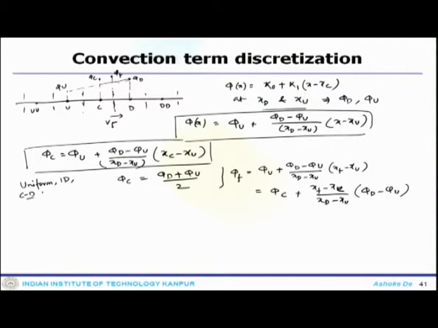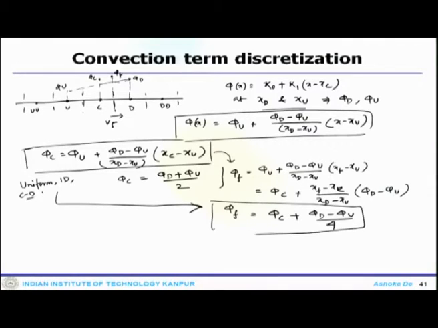So, you use this information here and you get this, and for the uniform system it reduces to phi f equals phi c plus (phi d minus phi u) divided by 4. So, that is what you get for the uniform system.